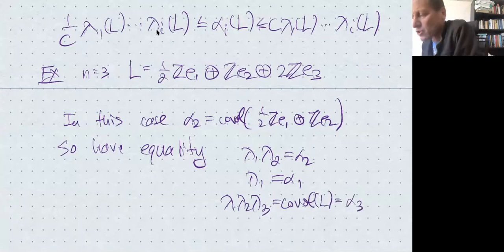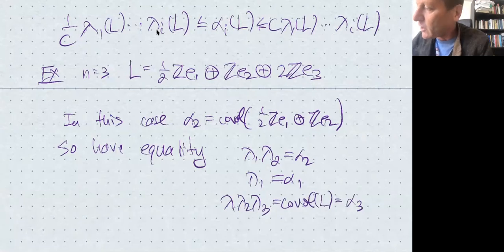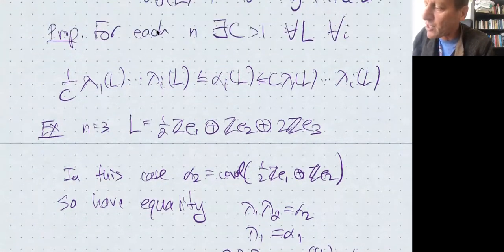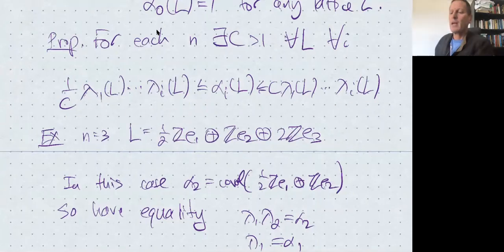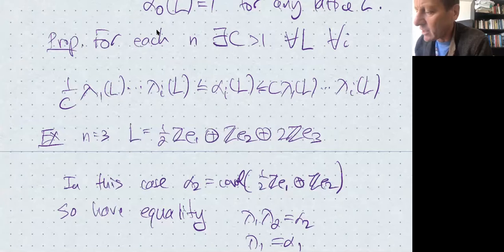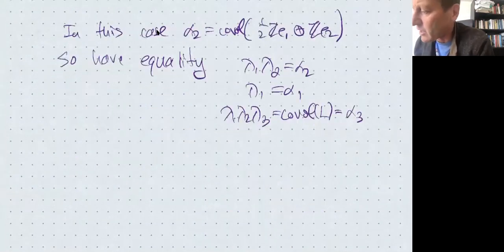The top dimensional alpha n is exactly the co-volume. So in the example that I'm giving, we have precise equality of alpha i and this product, and the proposition says that these two quantities are the same up to constants that depend on dimension. I'm not telling you what the constants are, I'm just saying that they exist.